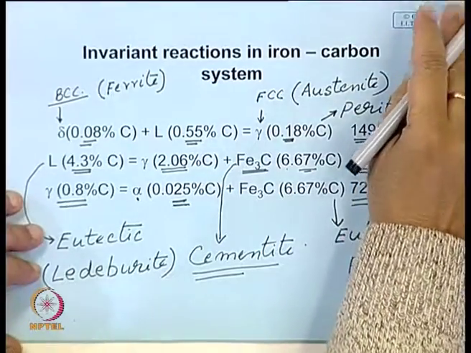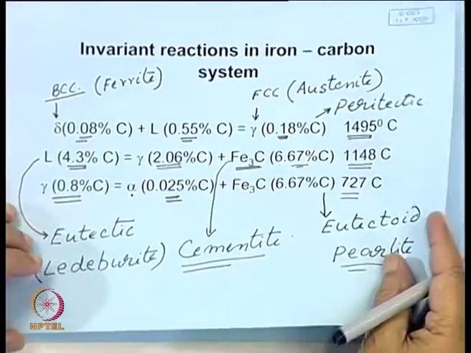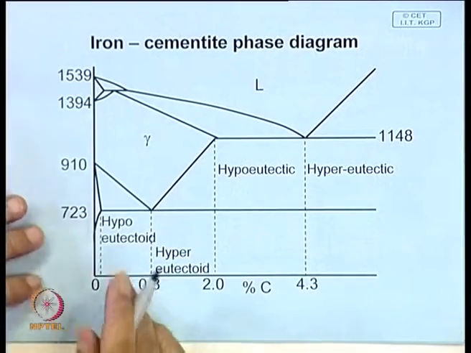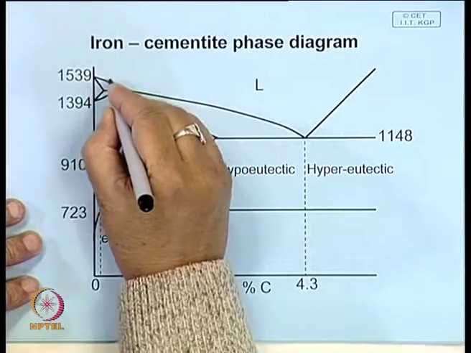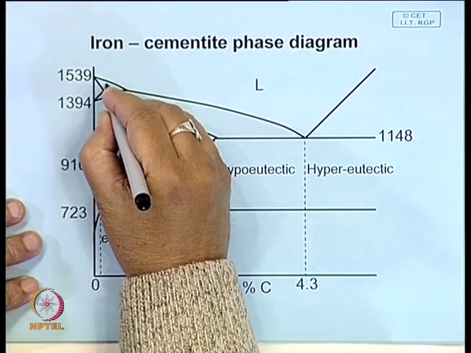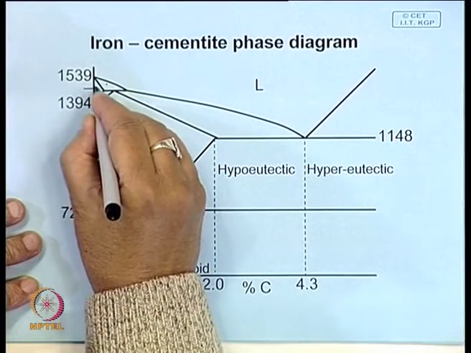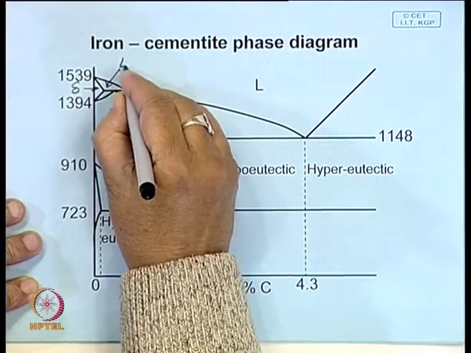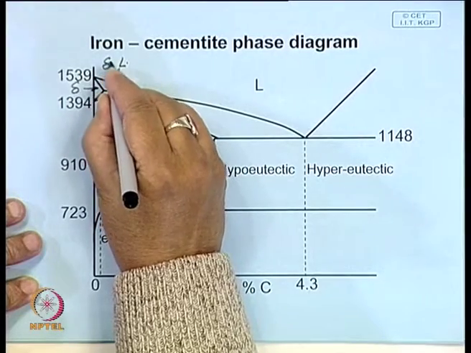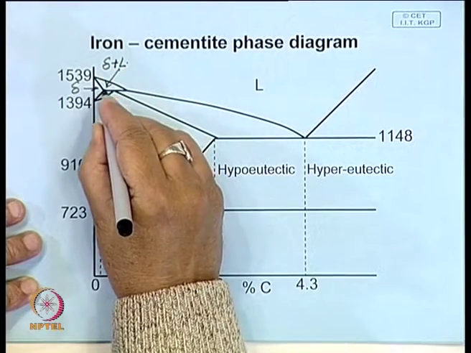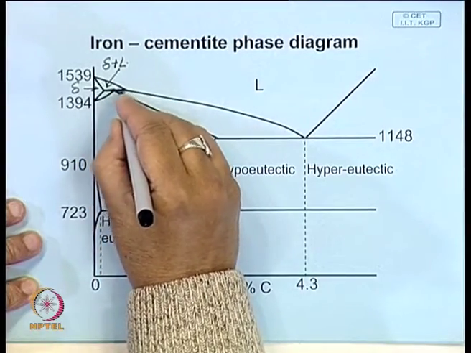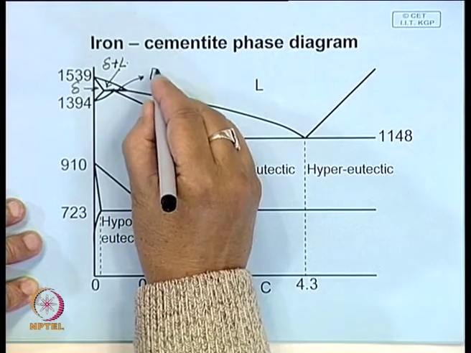And now, let us see with this information how we can construct the phase diagram, which is shown here. So, this is that peritectic reaction. Here you have the region which is delta, here you have liquid, delta plus liquid, and delta plus liquid reacts here, and this is the peritectic reaction isotherm.